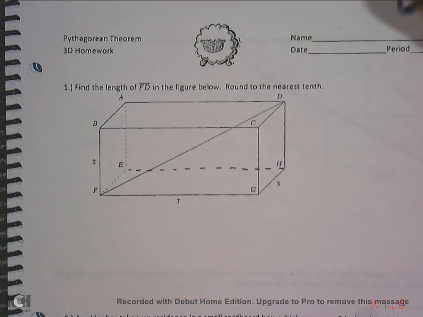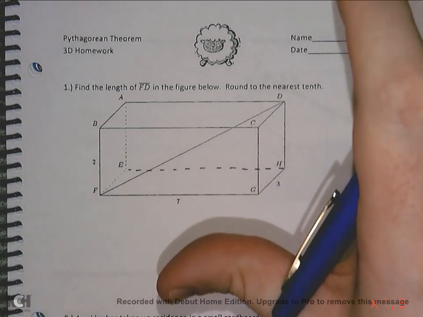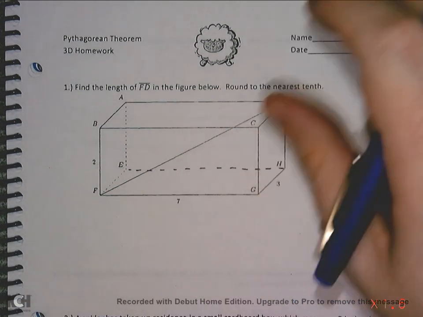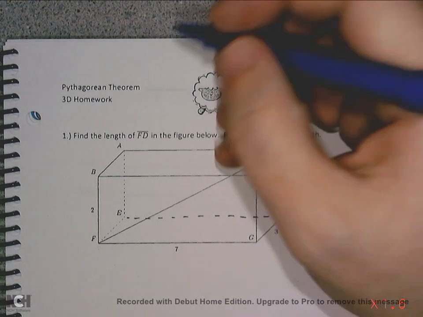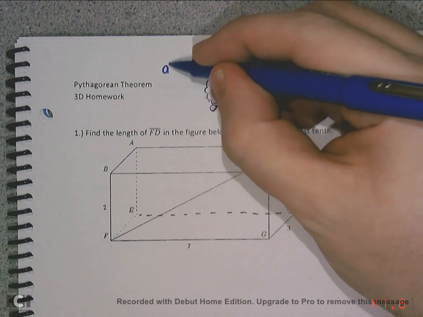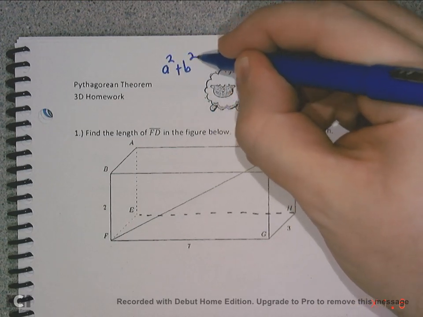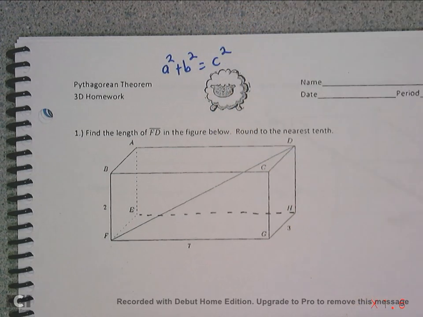Before I write down the steps, I want to prove what the 3D Pythagorean theorem is. Just a refresher, the Pythagorean theorem is a squared plus b squared equals c squared.